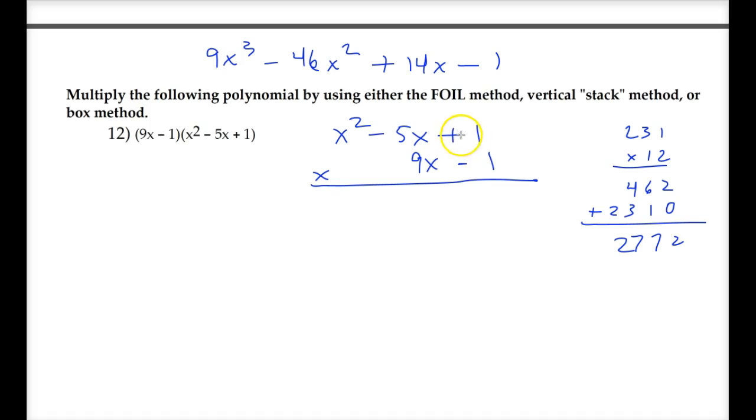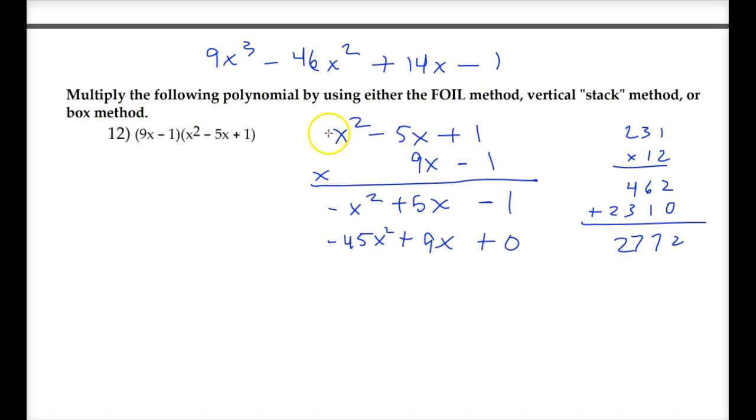So a negative 1 times a positive 1 is a negative 1. Negative 1 times a negative 5 is a positive 5x. Negative 1 times x squared is a negative x squared. And then here, we're going to put a plus 0 here, just like how we put 0 there. 9x times 1 is positive 9x. 9x times a negative 5x is a negative 45x squared.